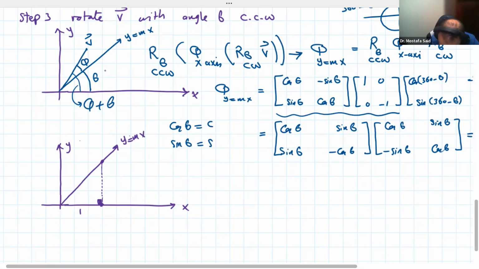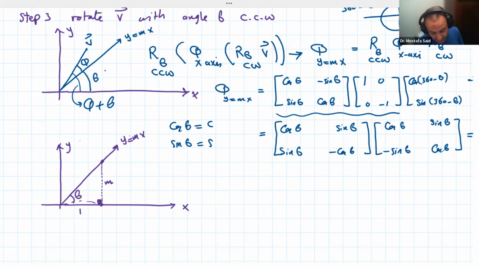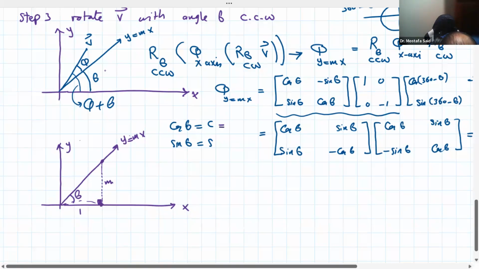Okay. So if this length is 1, then this should be m, because this is an angle theta, and the slope is basically the side in front of the angle divided by the side adjacent to the angle itself. So it's m divided by 1. So cosine theta here is basically 1 divided by the square root of 1 plus m squared, since that is the length of the hypotenuse.